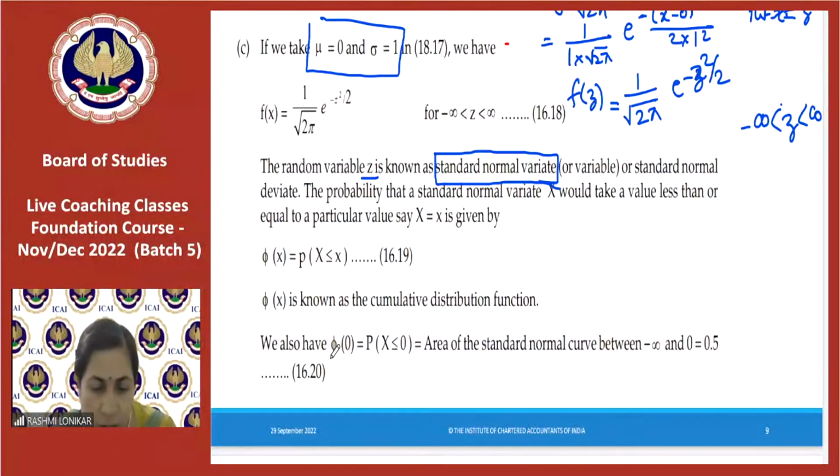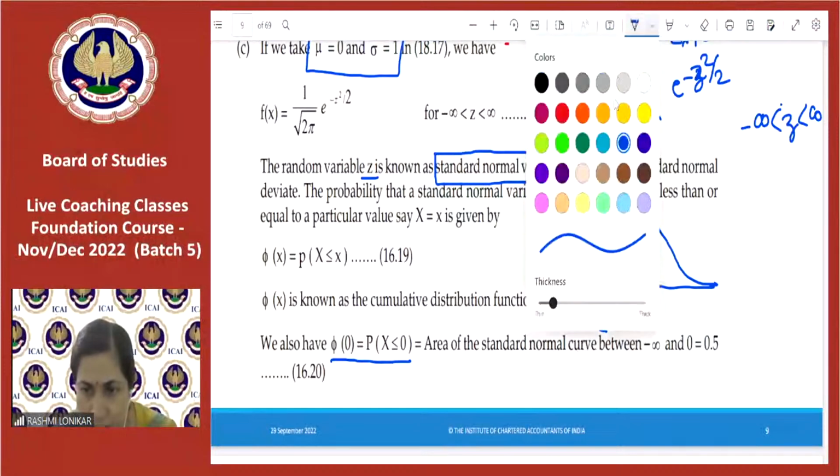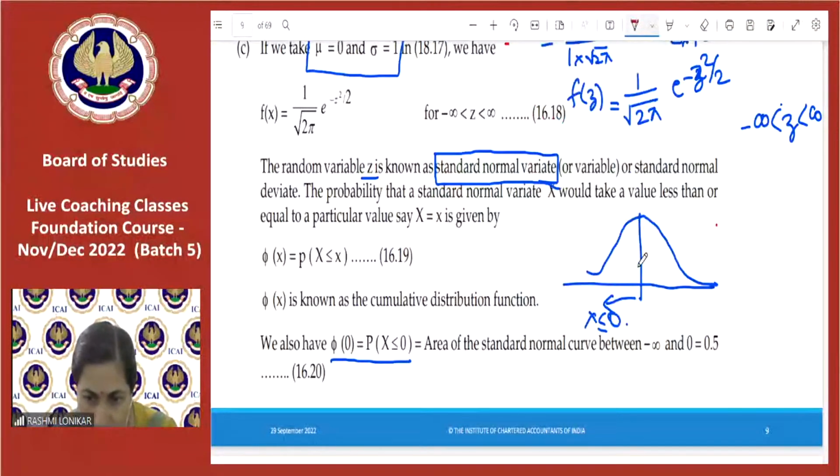Okay. We also have phi of 0 is equal to P(x is less than or equal to 0), which is the area of the standard normal curve between minus infinity and 0. Okay, so if I'm talking like this, when I'm saying x is less than or equal to 0, that means from here I'm going to this side.